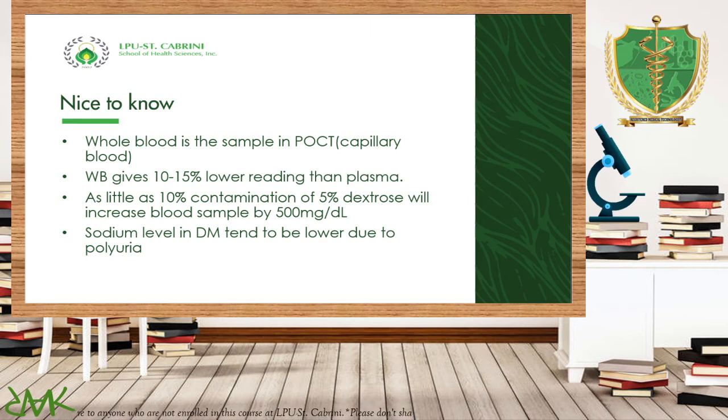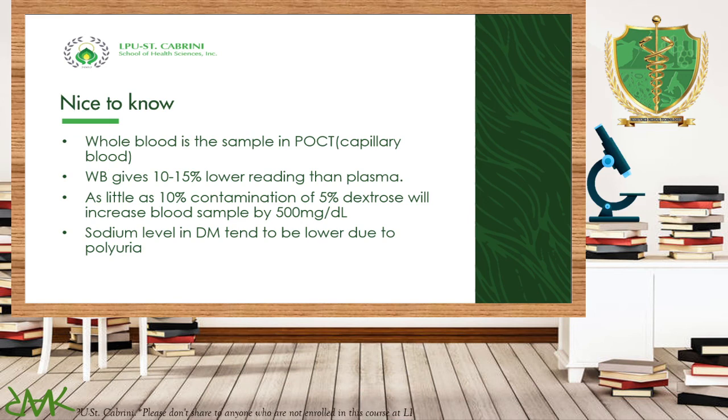Take note guys, as little as 10% contamination of 5% dextrose in the blood will dramatically increase our blood glucose level by 500 milligrams per deciliter. Could you imagine? You extracted blood in a site where the dextrose is being given, and the blood that you extracted will be used for the glucose determination. It will give you an increase of 500 milligrams per deciliter.